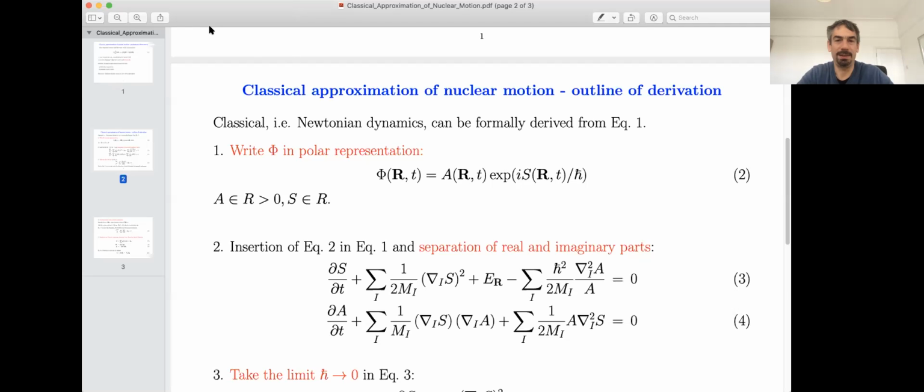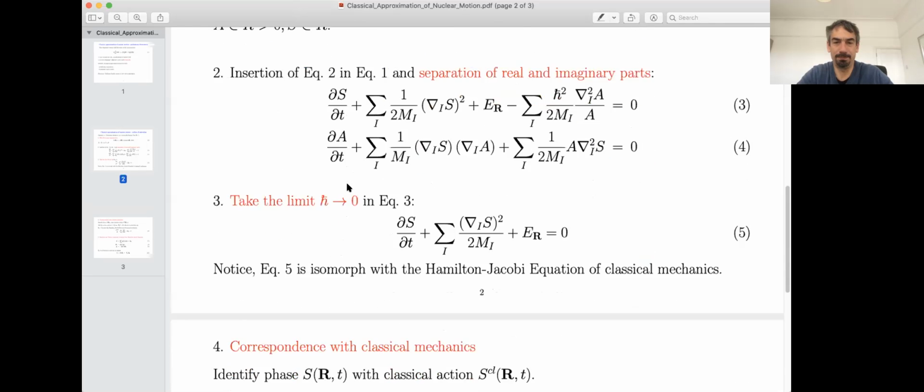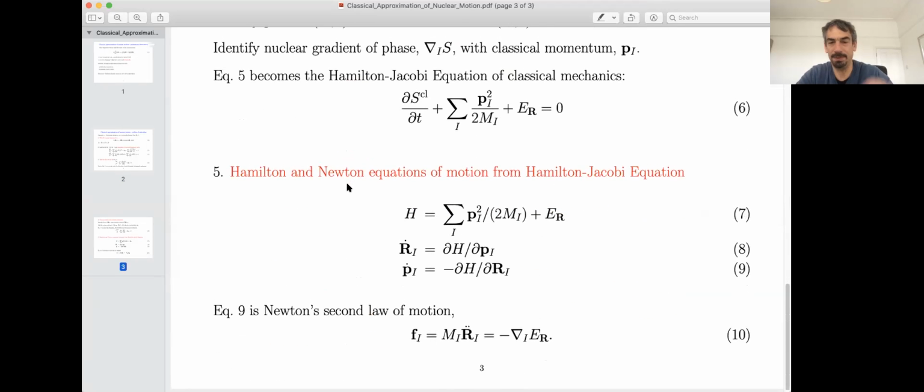So let's now look at this third set of slides. Basically, the third set of slides deals with practical algorithms that people have invented to solve this innocent looking Newton's equation of motion.